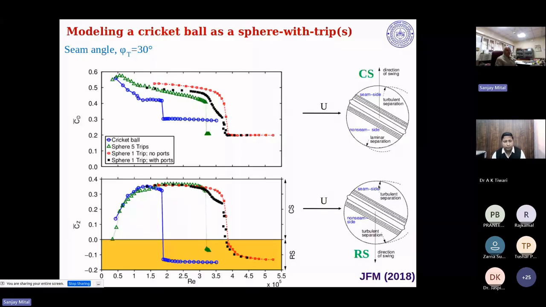People have shown that with natural transition versus forced transition, the separation is a little more downstream for the natural transition. Therefore now you get this reverse swing, but it is much smaller. The coefficient here is almost of the order of minus 0.15, whereas for conventional swing it is of the order of 0.35.